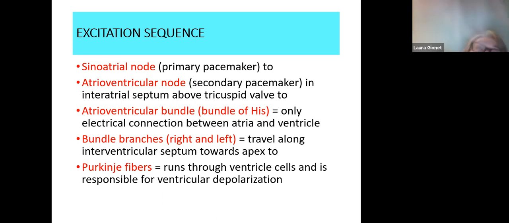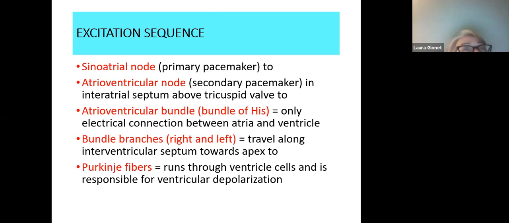Then the parasympathetic division is actually going to send signals down that pathway to inhibit it and slow your heart down, because you don't need to be pumping all that blood. You're just sitting there watching TV or listening to this lecture. But by itself, left on its own, the sinoatrial node generates about 90 to 100 beats per minute.